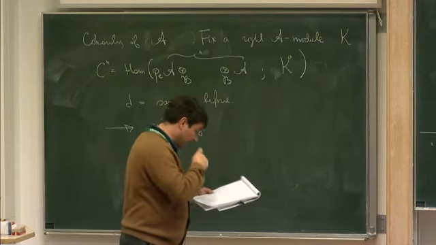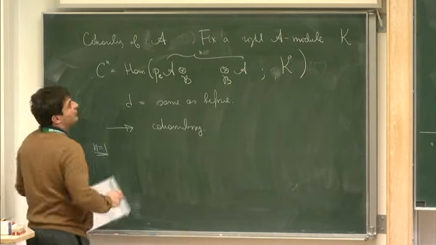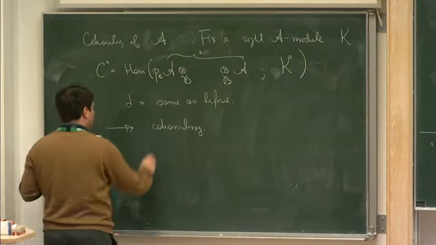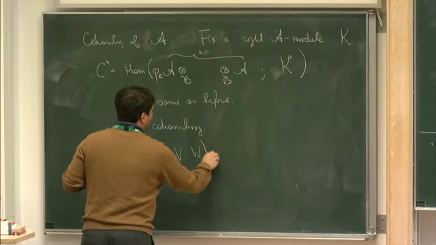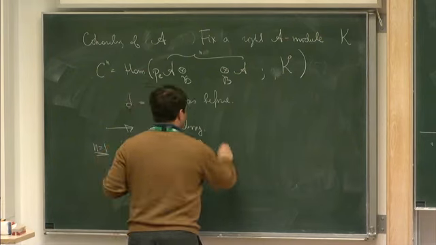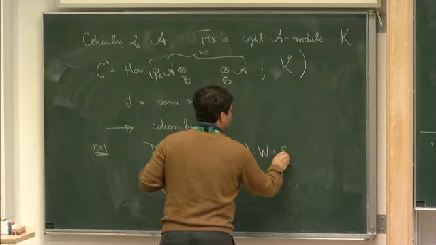So, for example, the case n equals 1, the situation of one cohomology, I'm just looking at maps that satisfy the usual kind of derivation relation, except that, as I said, we have this augmentation.